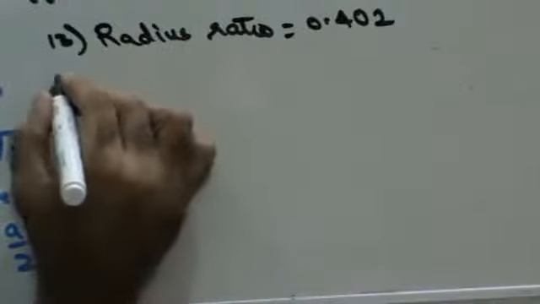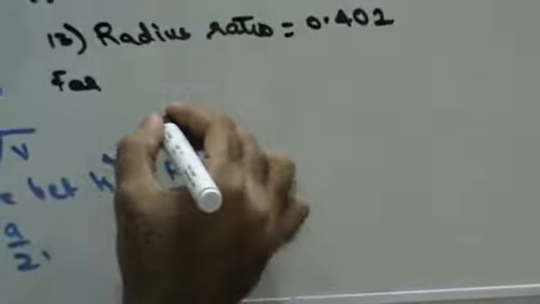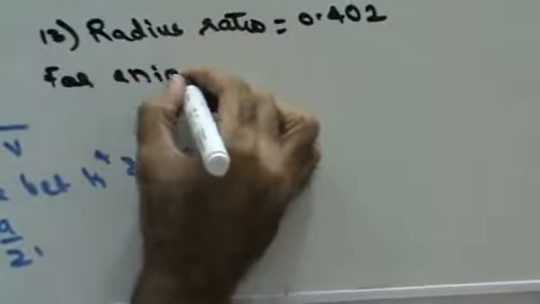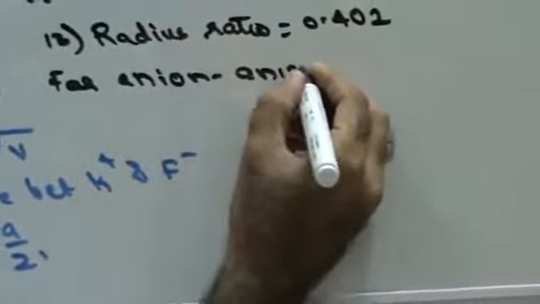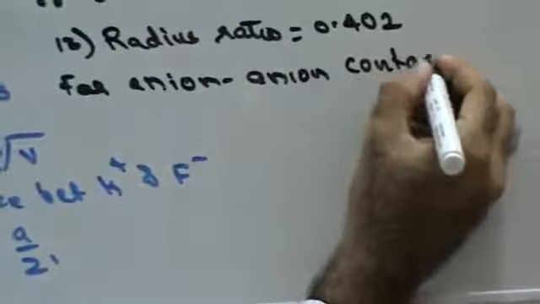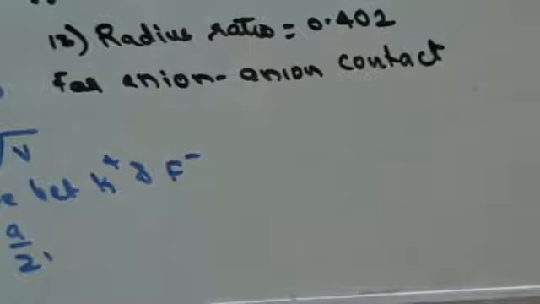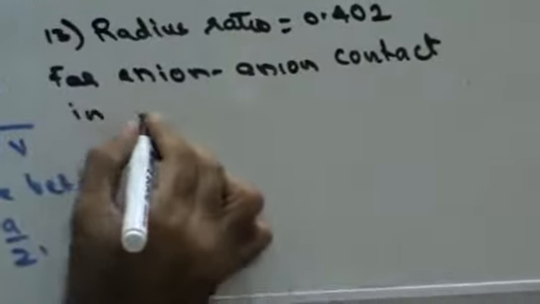Now, for anion contact, I want to make contact between the two anions in a crystal structure.